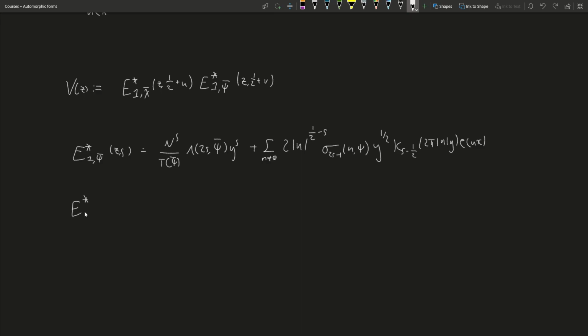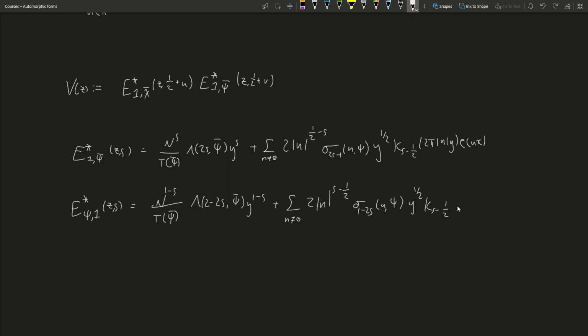So I will also give this other Fourier expansion, ψ, 1 here without the conjugate, z, s, and this is going to equal N to the 1 minus s over τ, the Gauss sum of ψ bar, Λ(2−2s, ψ bar), y to the 1 minus s, plus the sum over n not equal to 0 of the absolute value of n to the s minus 1/2, σ_{1−2s}(n, ψ), y to the 1/2 K_{s−1/2}(2π|n|y) e(nx).